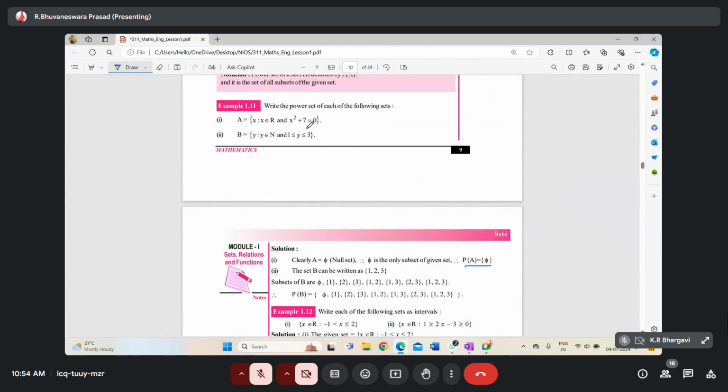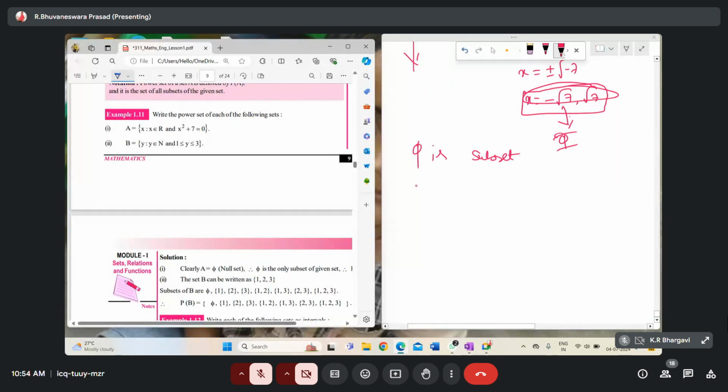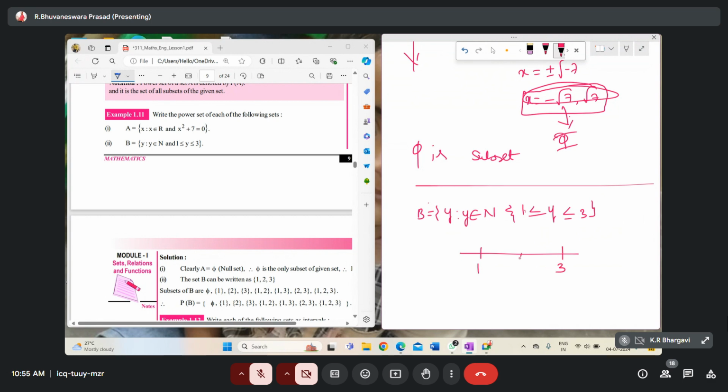And see, 1 less than or equals to y less than or equals to 3. Okay, so B equals the set of y such that y belongs to natural numbers, and 1 less than or equals y less than or equals 3. So see nana, y lies between 1 to 3. అంటే నెంబర్ లైన్ లో y వాల్యూస్ ఎలా ఉంటుందంటే 1 కి 3. y values start from 1 up to 3 వరకు.